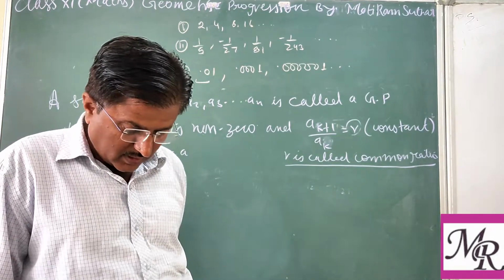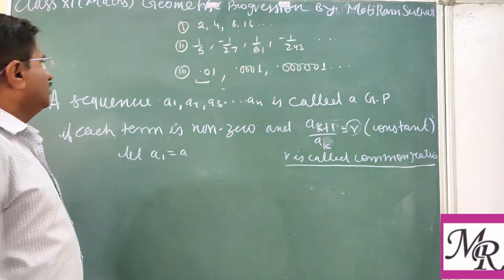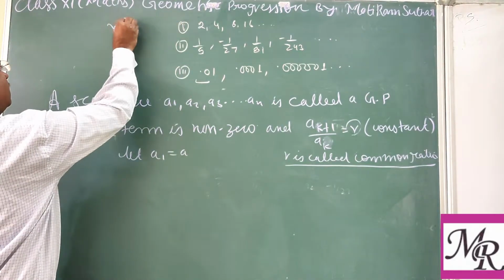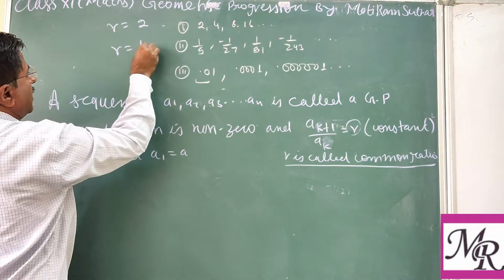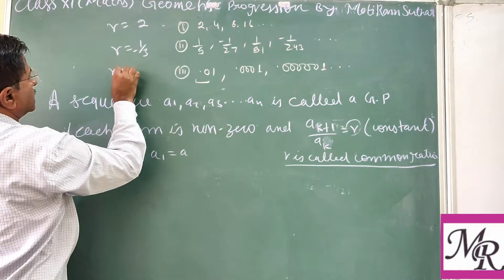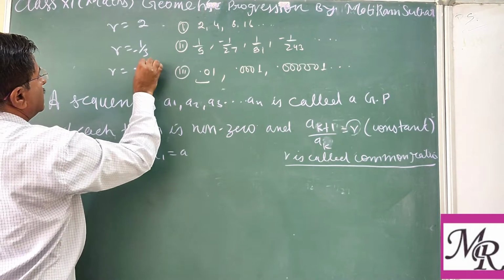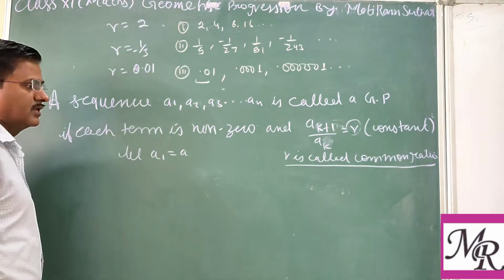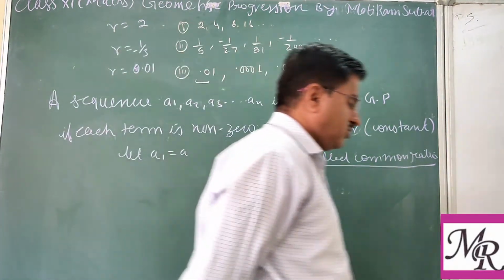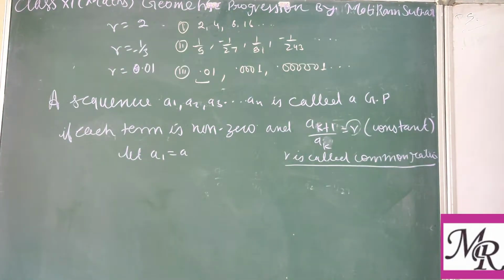Clear? So in the first example you know that r is equal to 2. In the second, r is equal to minus 1 by 3, and in the third, 0.1. This is the common ratio of each example.